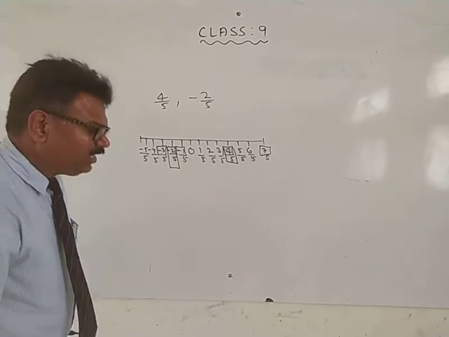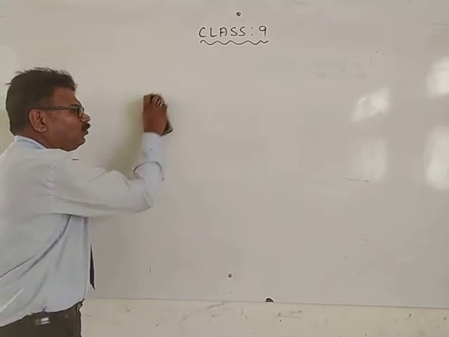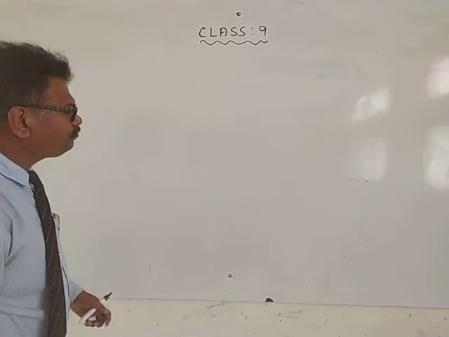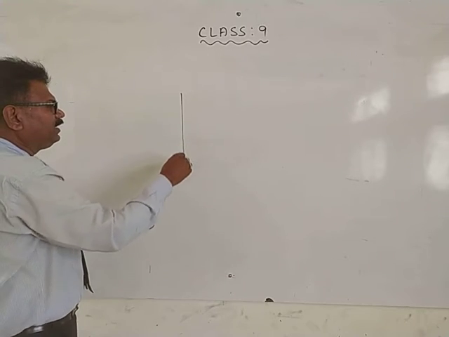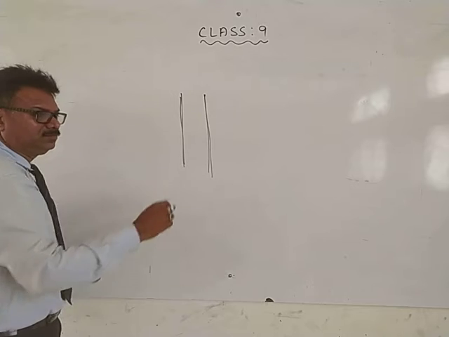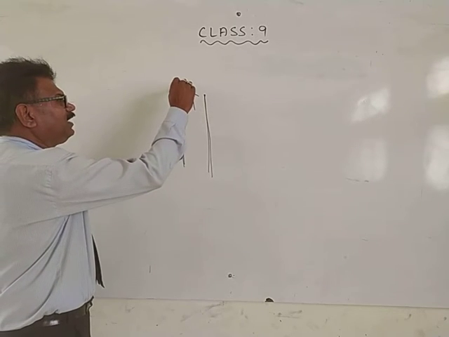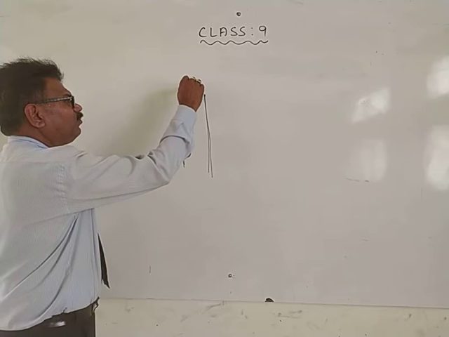Now, we will go into the new topic of lines. For example, this is the main road of Mudod. If you go like this, you will get Mahalikpur.